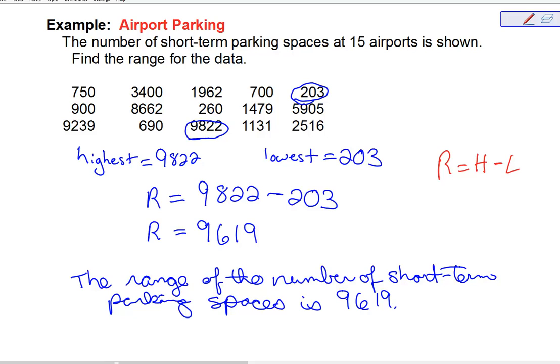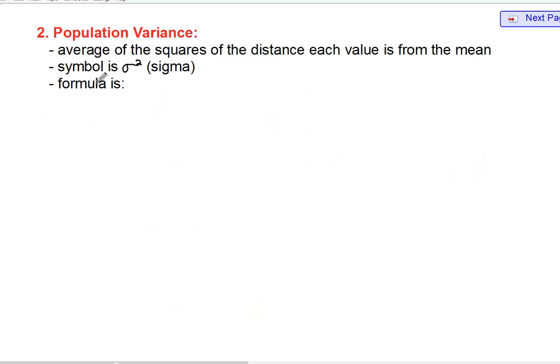Now, data variation is the difference or the distance that each data point is from the mean, and this difference is also called the deviation. But we also want to look at a second type, which is called the population variance.